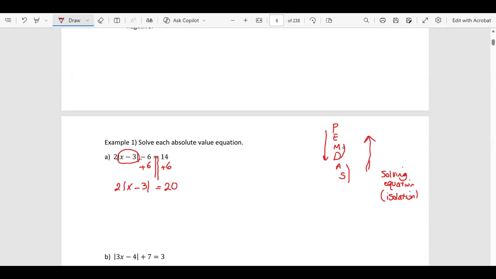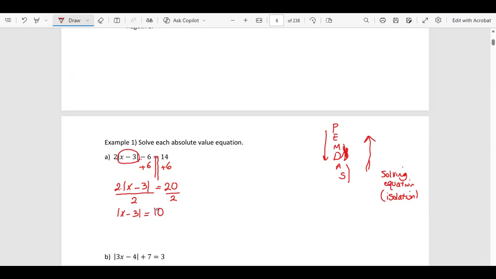Now it's time to cancel any multiplication or division. The multiplication is 2, because 2 is multiplying the absolute value. To cancel 2, I need to divide both sides by 2, which is the opposite of multiplication. So now I have the absolute value of x minus 3 equal to 10.